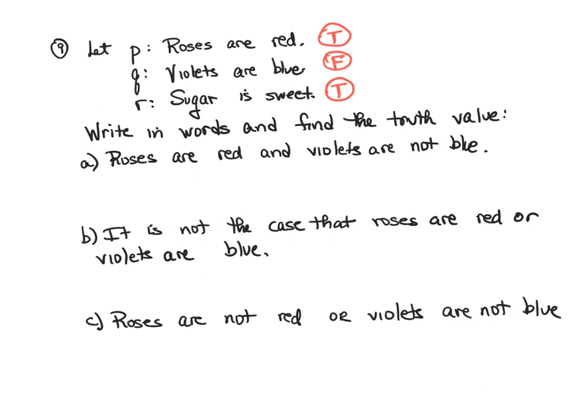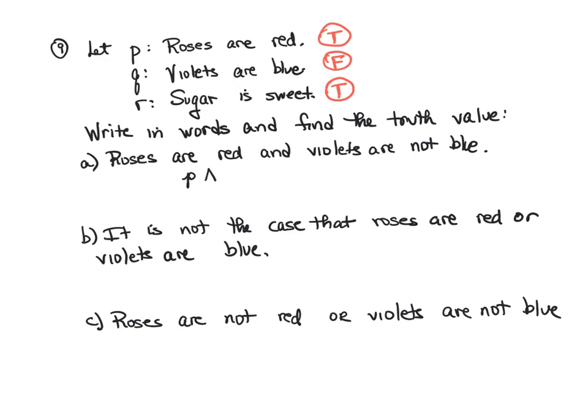So remember, when you see the word "not," we're going to use the negation. When we see the word "and," we're going to use the conjunction. And when we see the word "or," we're going to use the disjunction. I'll do the first one with you. "Roses are red." Well, that's P. And "violets are not blue."